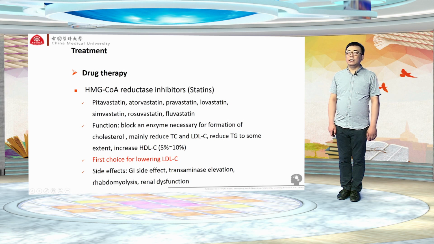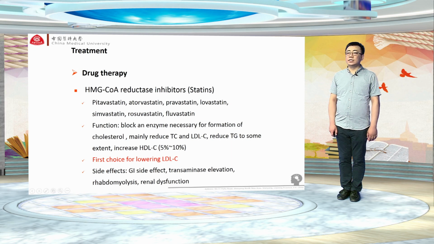The first drug, HMG-CoA reductase inhibitors, statins. Statins such as pitavastatin, atorvastatin, etc. The function is blocking the enzyme necessary for the formation of cholesterol, mainly reducing total cholesterol and low-density lipoprotein cholesterol.